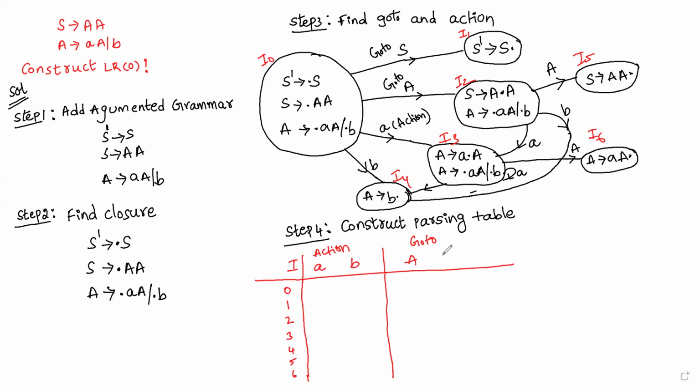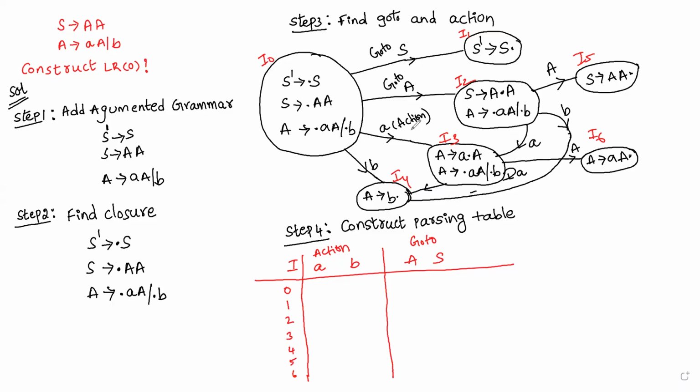Now you can see the flow between the I values and capital A or small a values. I naught on small a goes to I3. Always these small a productions will give the shift moves.